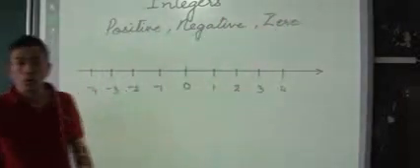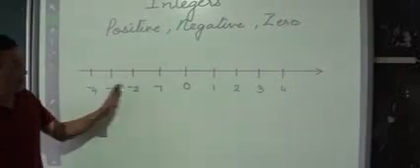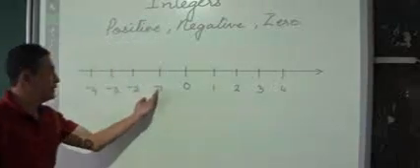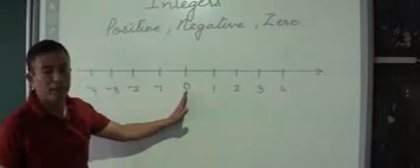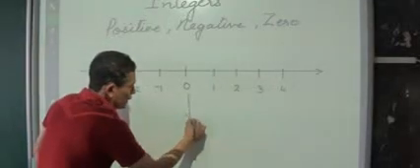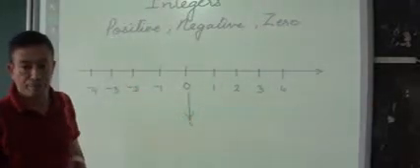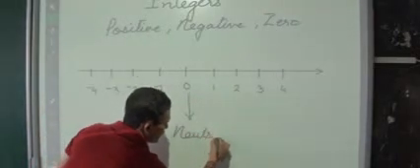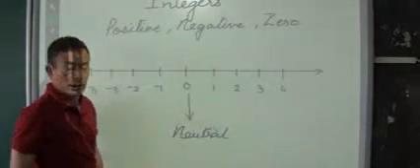Now, looking at the number line, you can see very clearly that these are the positive numbers, these are the negative numbers, and in the middle we have a 0. The 0 is neither negative nor positive. We call it a neutral number.